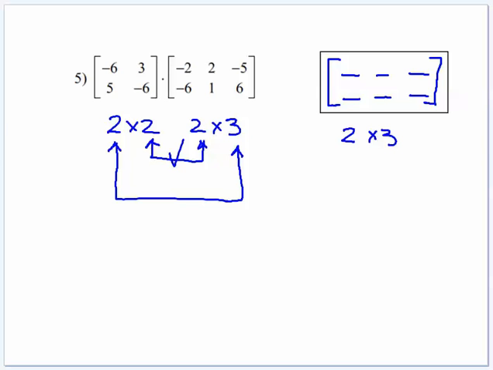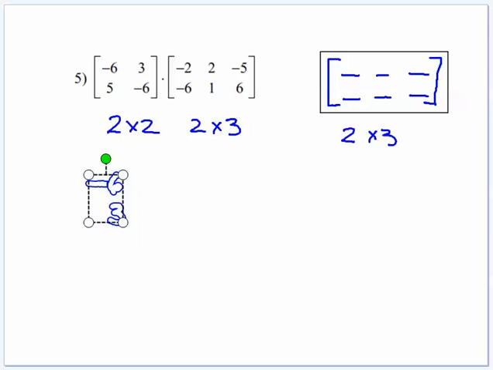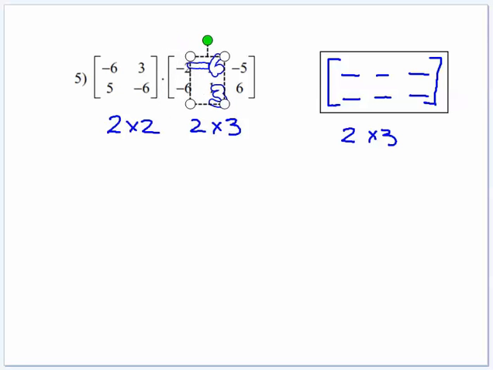We're going to need a lot of space down here, so I'm going to erase some of this right here. As I said, we're going to go row by column. What that means is we essentially rotate the -6 and the 3 90 degrees, so it would look like this. Then we're going to take the -6 and the 3 and multiply it by each column here: first with this -2 and -6, then with the 2 and the 1, and finally with the -5 and the 6.